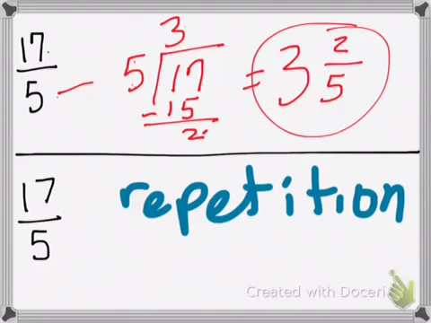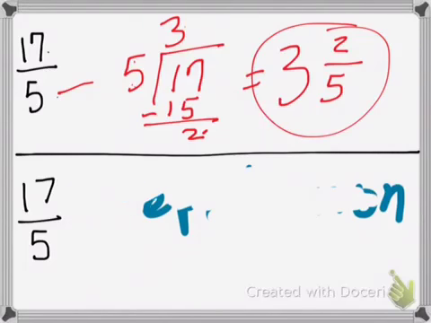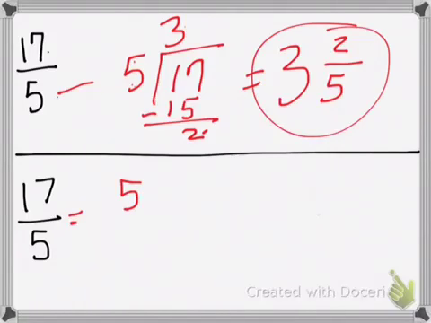So let me go over here, and we're going to try this through the repetition way. I'm going to erase all this. And let's go ahead and begin. So basically, what you have learned is that when we have the same numerator as the denominator, that means a whole number.